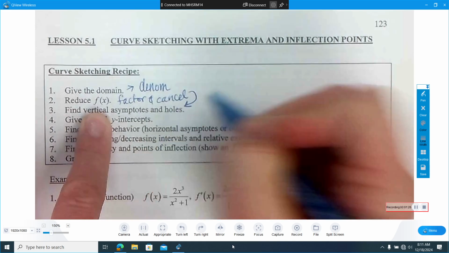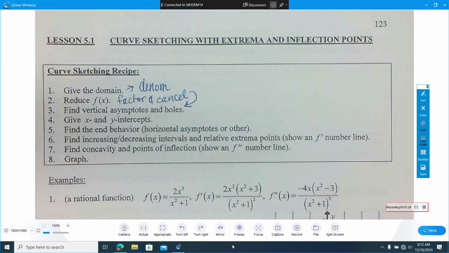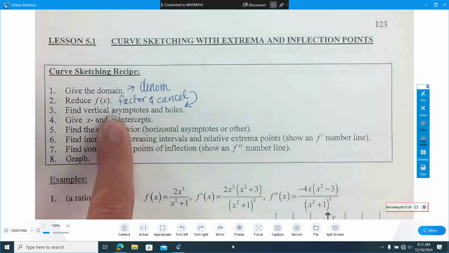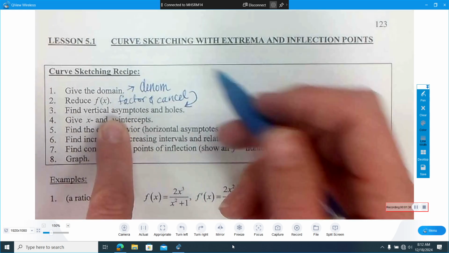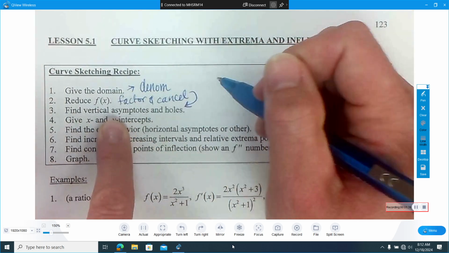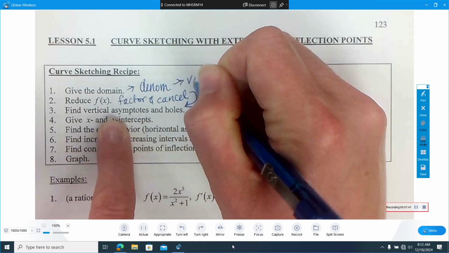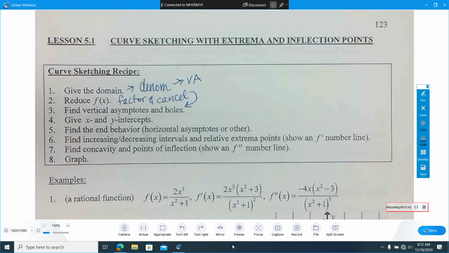Because if we can factor and cancel something, that's going to give us holes in our function. So factor and cancel gives us the holes. And then whatever is left over in the denominator gives us vertical asymptotes. So vertical asymptotes come from the denominator of a reduced function.